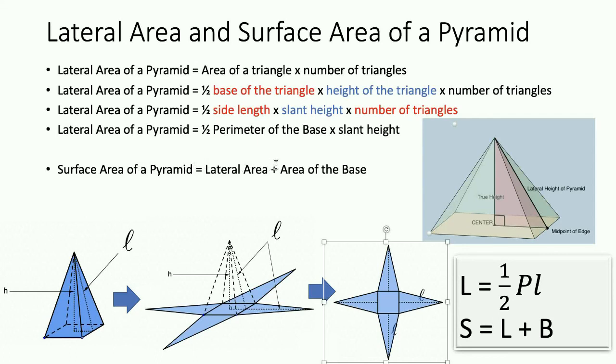Instead of 2 times the area of the base like when we had cylinders and prisms, you're just adding the area of the base because there is only one base. So surface area equals lateral area plus the base. And again, this base could be a square, a regular triangle, a hexagon, an octagon. So it could be all types of different bases.